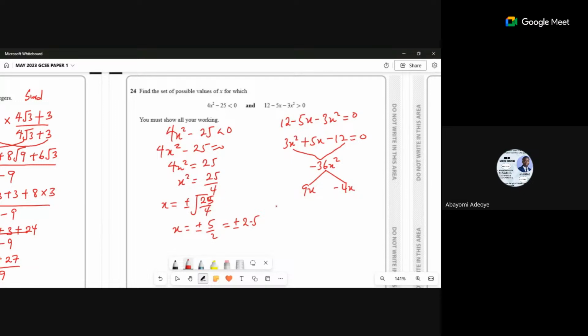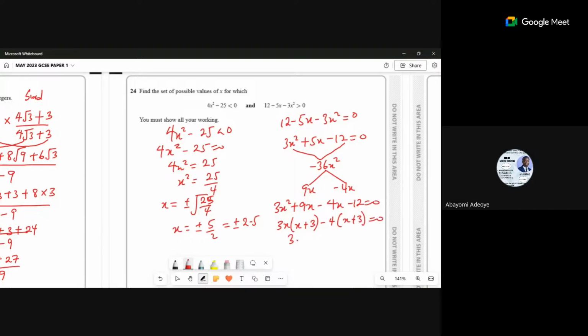So you have 3x squared plus 9x minus 4x minus 12 equals 0. So you have 3x open bracket x plus 3, minus 4 into x plus 3 equals 0.